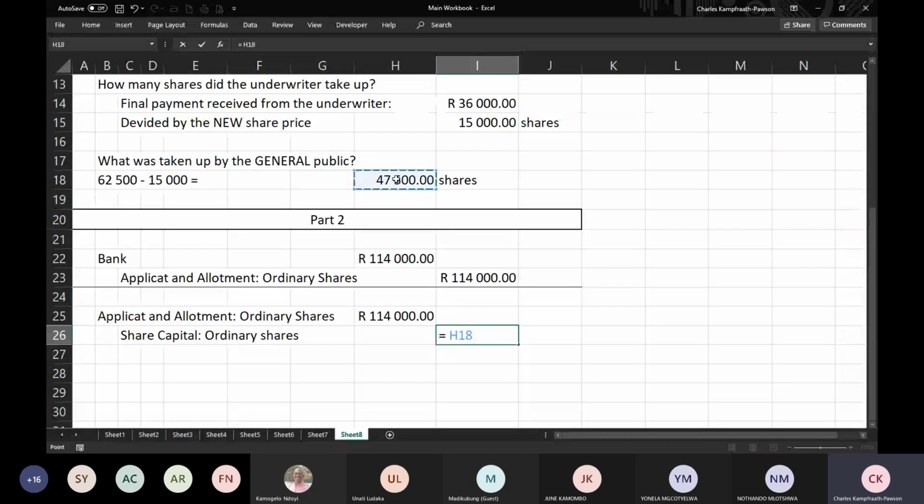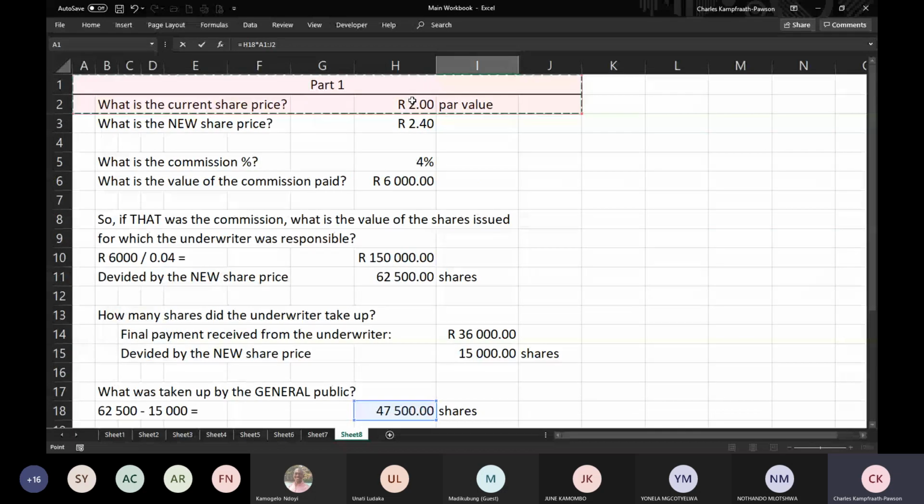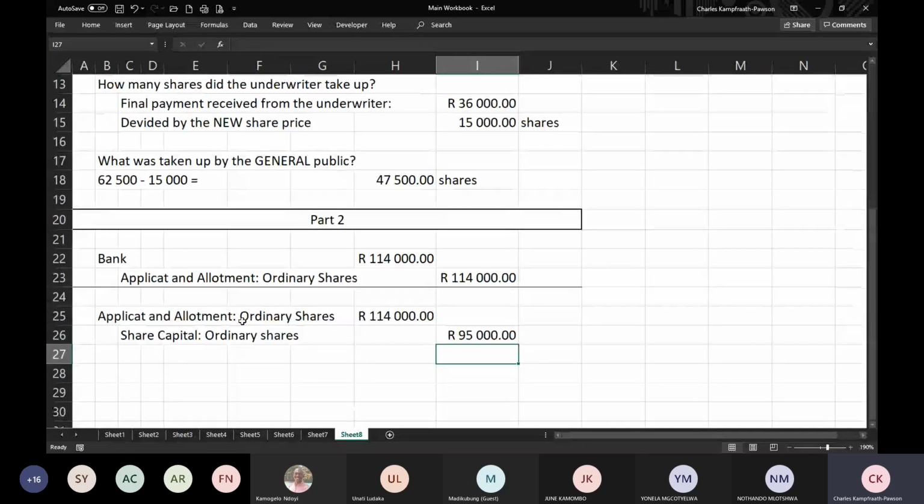So 47,500 times the original share price will be what's going to the share capital account. The rest is going to the share premium account. Everybody happy with that? The share premium is the part that is more than the par value, the portion of the share price that exceeds the par value or initial share issue value.